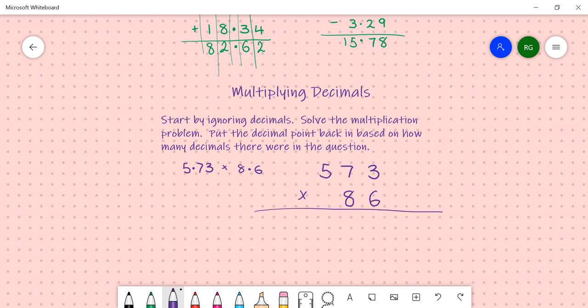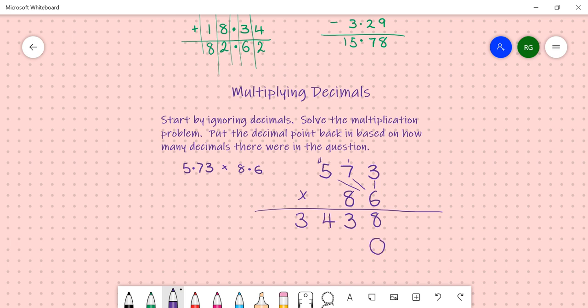Right, now we treat it like a normal multiplication problem. I like to draw some little lines so that I know what I've multiplied together. So 6 times 3 is 18, carry the 1. 6 times 7 is 42, so I'll make that 43 because we're using the little 1 up the top, and 6 times 5 is 30 plus 4, 34.